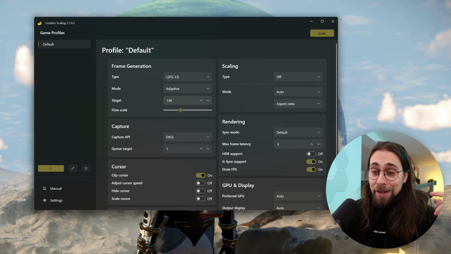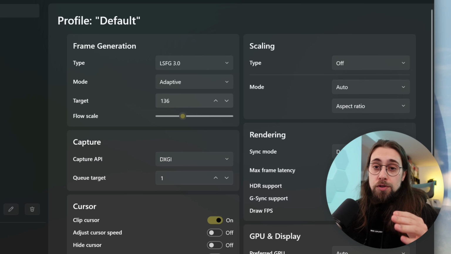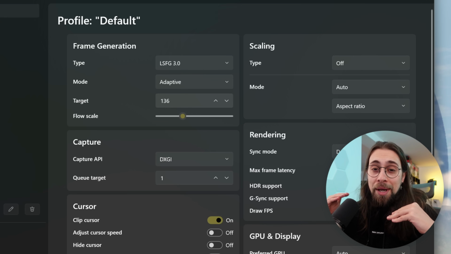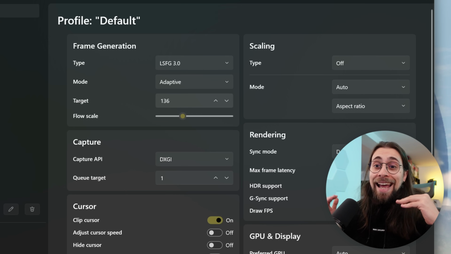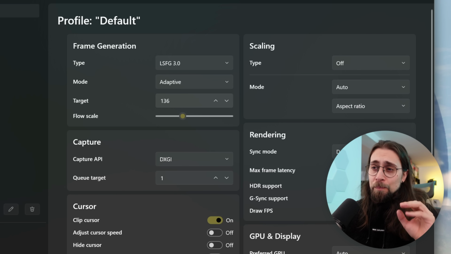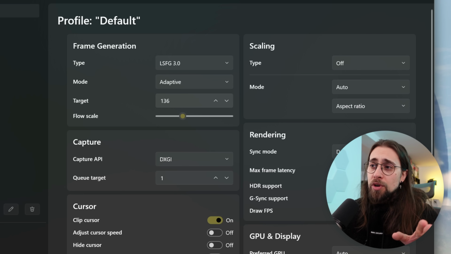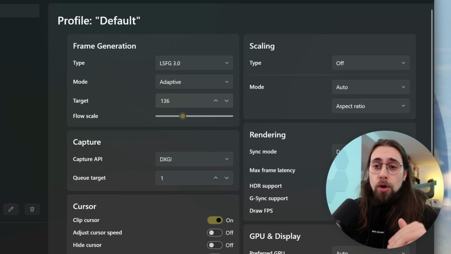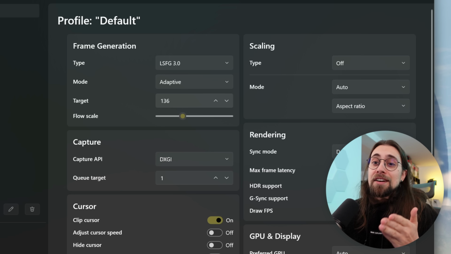It's past due. Anyway, I set it to 136 in order to not have FPS fluctuations going over 138 and then make the screen tear. So I usually target a frame rate 2 to 3 FPS below my refresh rate, in this case 136.